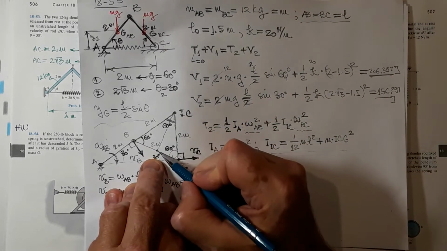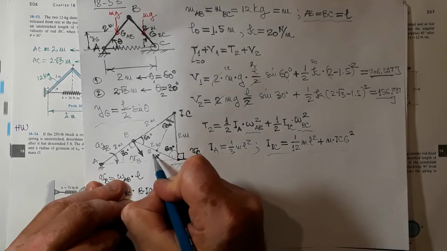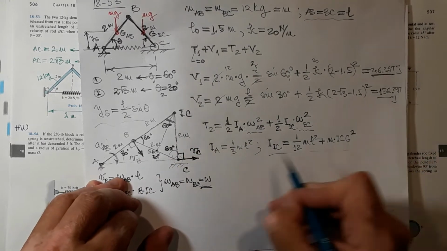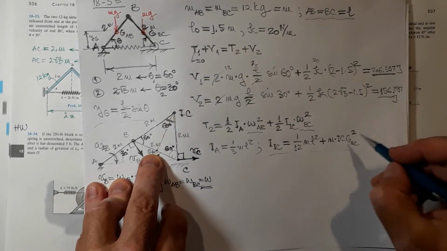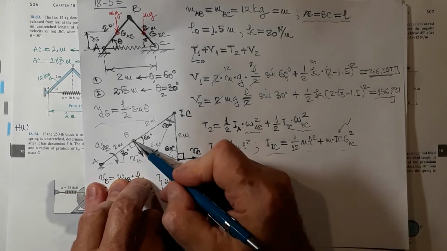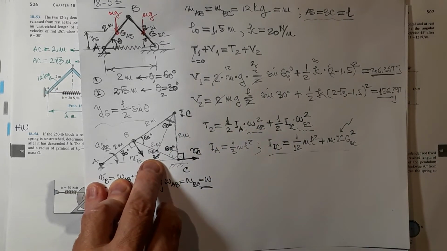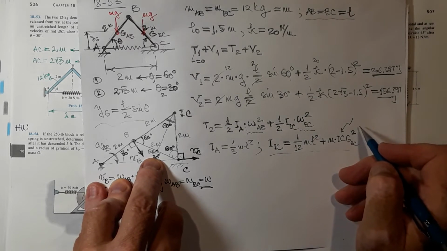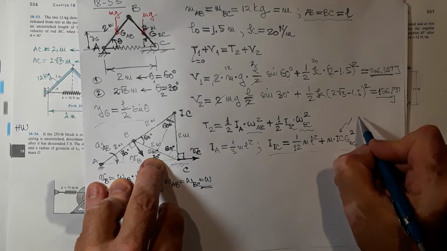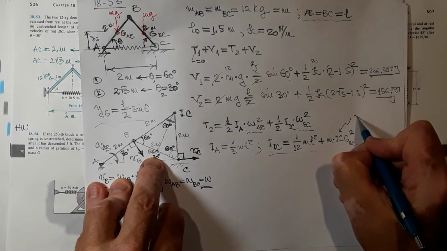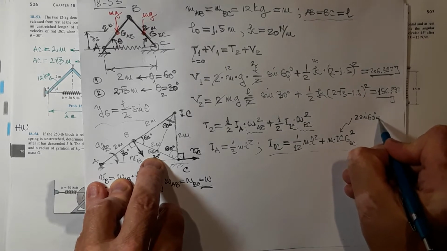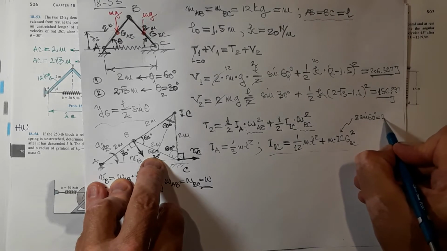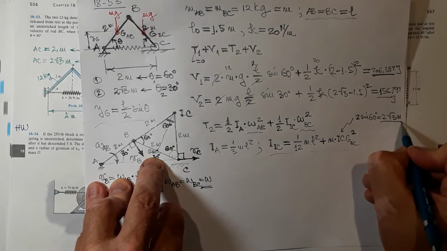The distance from the instant center to the centroid, G of BC, is going to be, from this right angle triangle with a 60-degree angle, 2 times sine of 60 degrees, which is 2 times square root of 3 over 2, so square root of 3 meters.